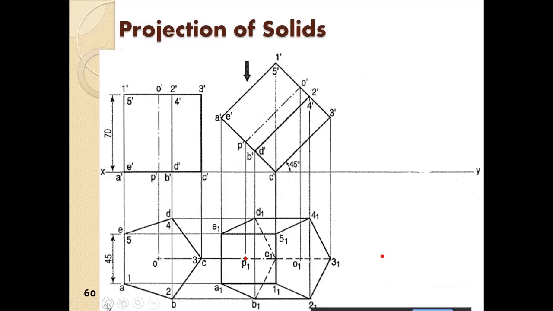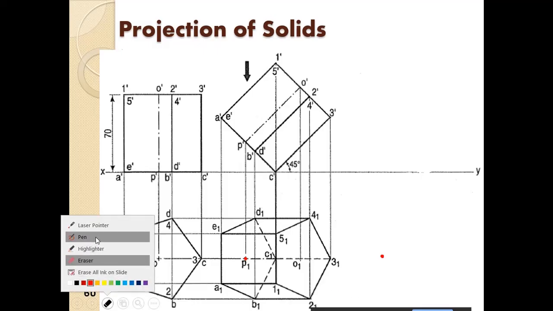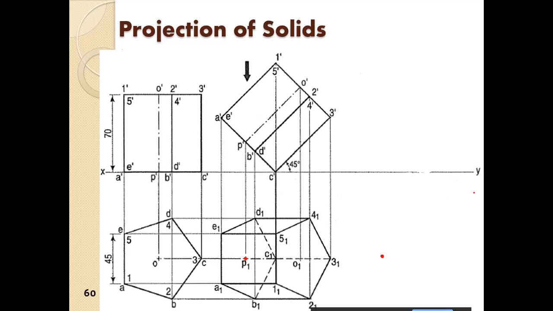From here we will draw a line which is inclined at 30 degrees. Okay, so this is the point P. So now we have to obtain the trace of the line.